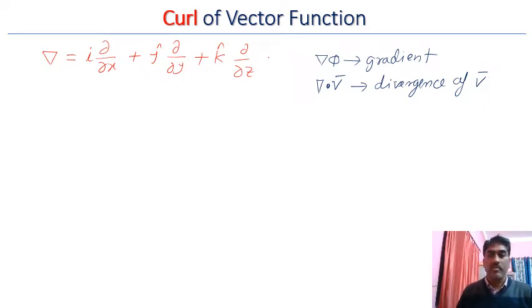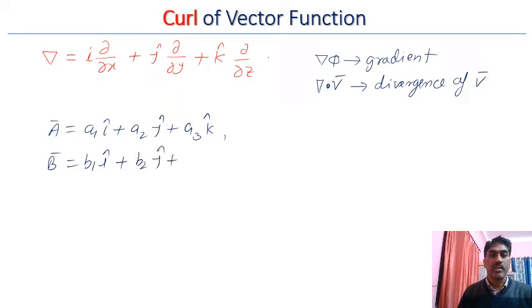So I am reminding you that if a is a vector given by a1 i plus a2 j plus a3 k, and b is another vector given by b1 i plus b2 j plus b3 k, then the cross product a cross b is defined by a determinant whose first row is i, j and k, the standard unit vectors.